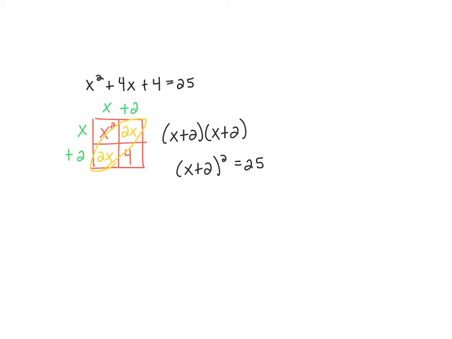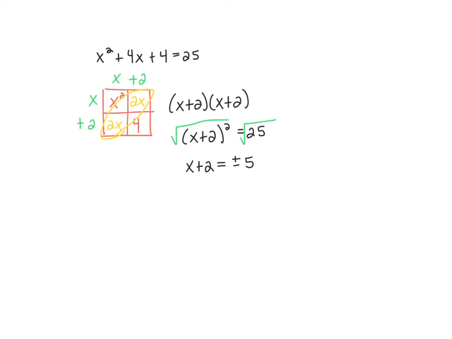Now on this example, again, I can take the square root of both sides. On the left here, x plus 2 squared, that just leaves me with x plus 2. On the right, okay, 25, the square root, well, 5 squared and negative 5 squared are 25, so we get plus or minus 5, okay?